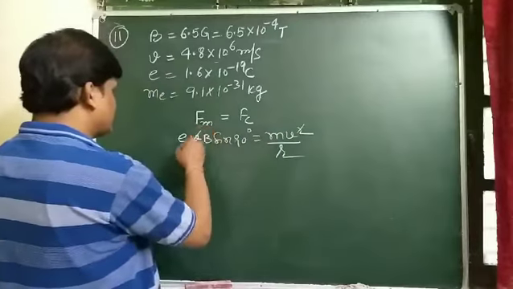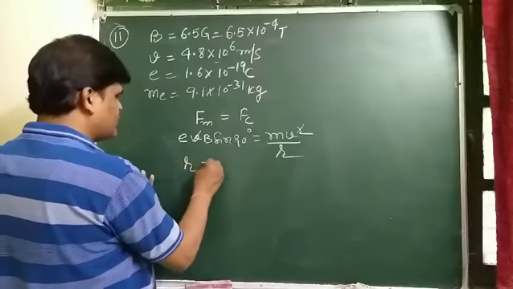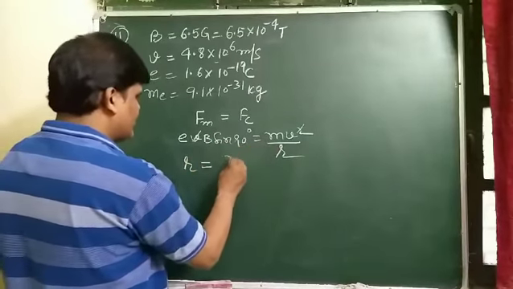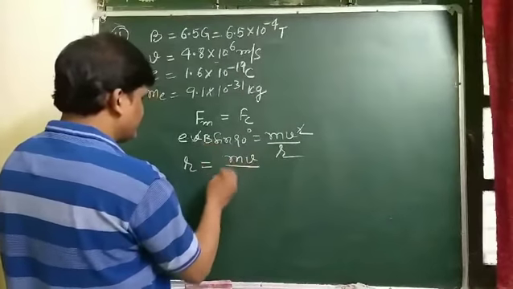So v cancels out, and r comes out to be mv by eB.